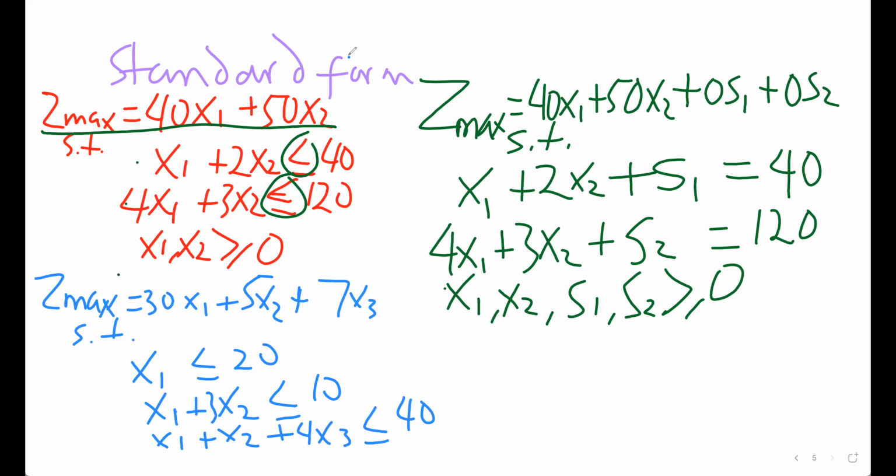And then, I'm going to write the next one to the right. The last one is x3 less or equal to 5. And then the non-negativity is x1, x2, x3 greater or equal to 0.